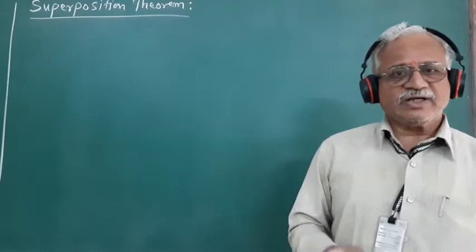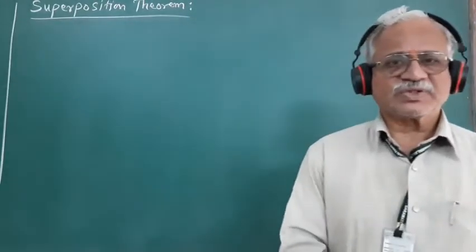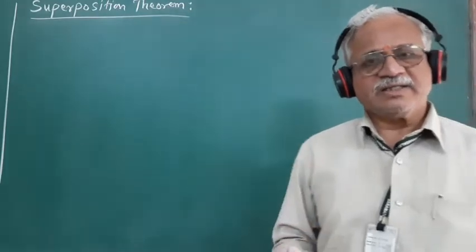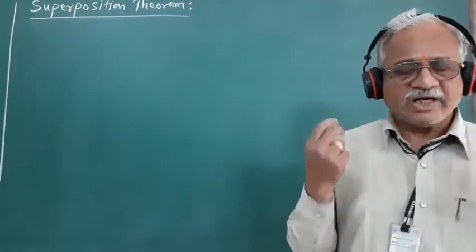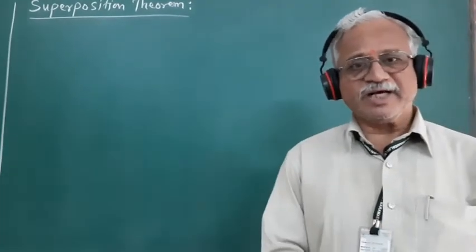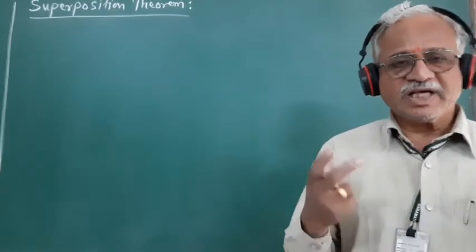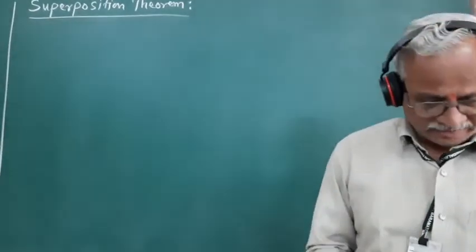And then find out the effect due to each individual source and take the algebraic sum of the currents or voltages across the required element, so that we get the effect due to all the sources.